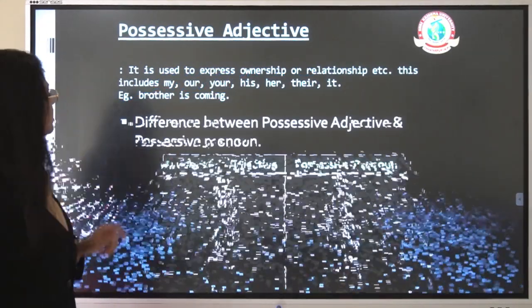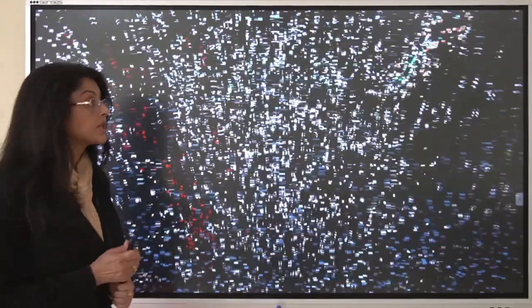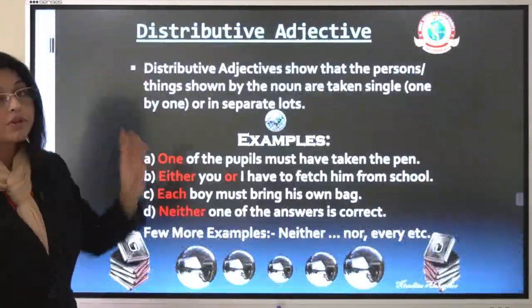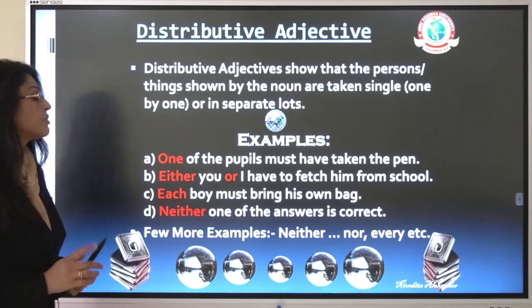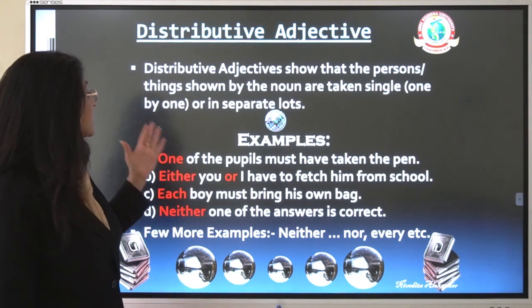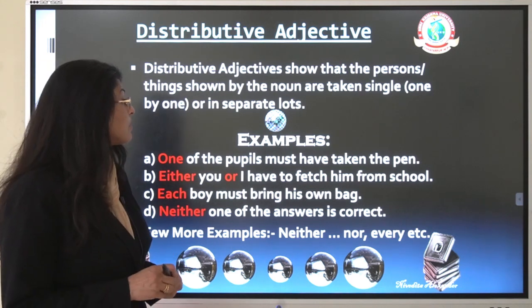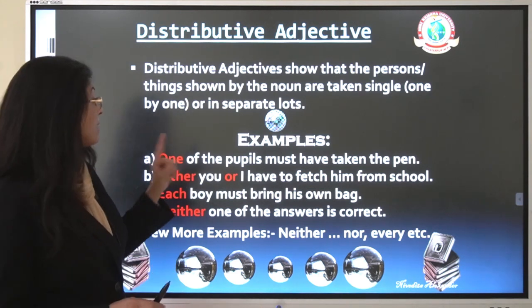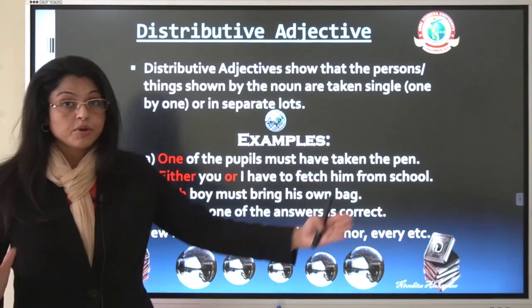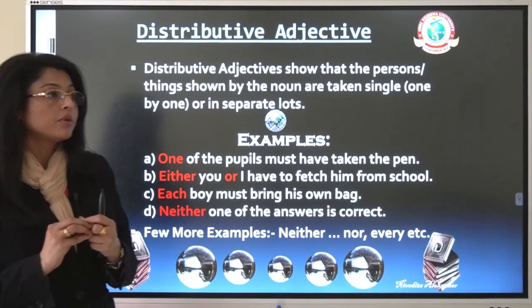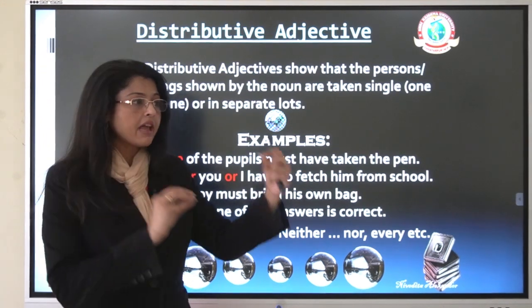Coming on to the next type of adjectives, which we are going to see, is the distributive adjective. Now what the distributive adjectives are, let's see the definition. A distributive adjective shows that the persons or things shown by the noun are taken single, one by one, or in separate lots. Distribution. I am going to distribute the sweets to each and every person.